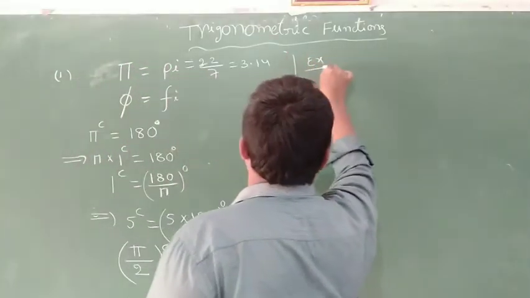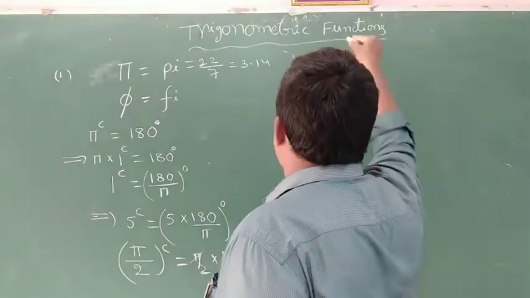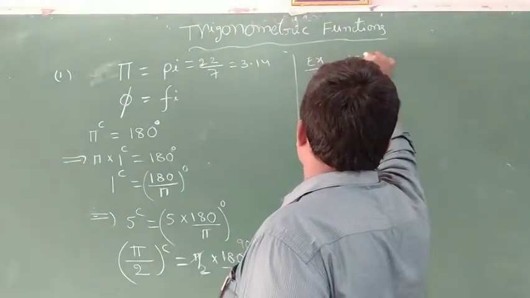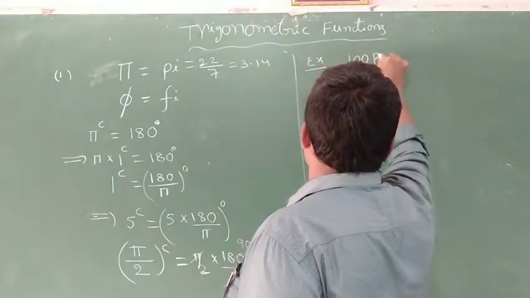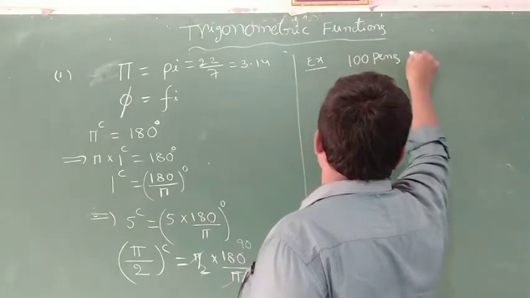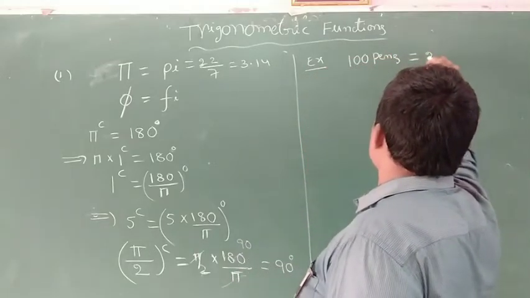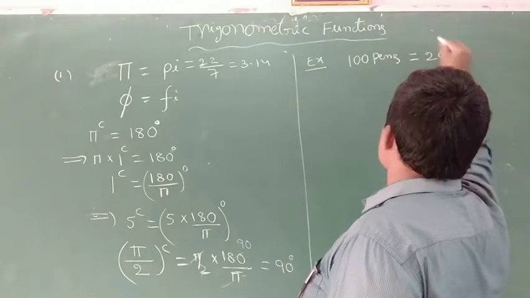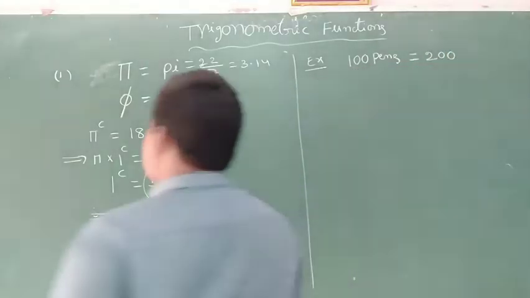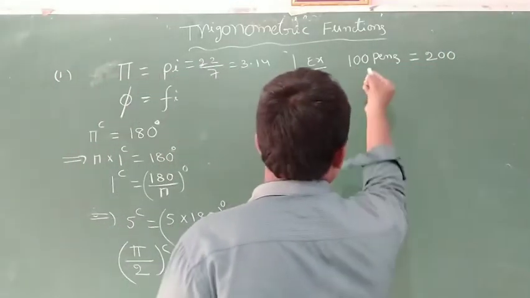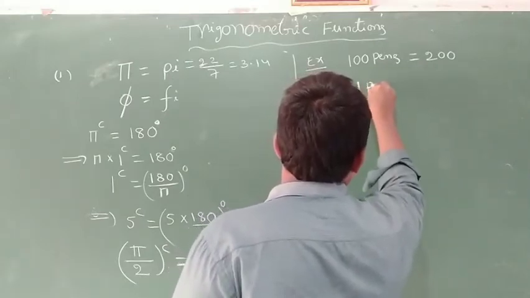One example. 100 pence is equal to 200 rupees. What is 1 pen equal to?